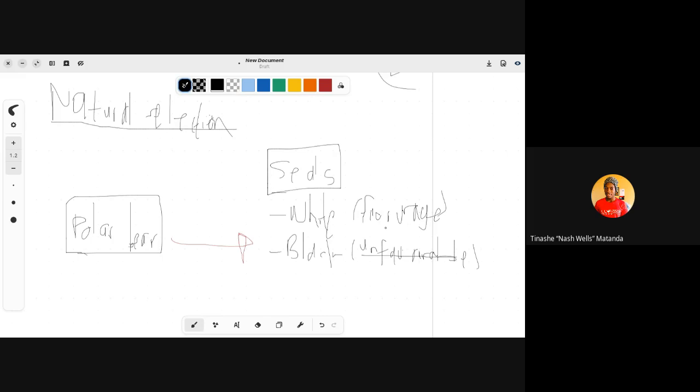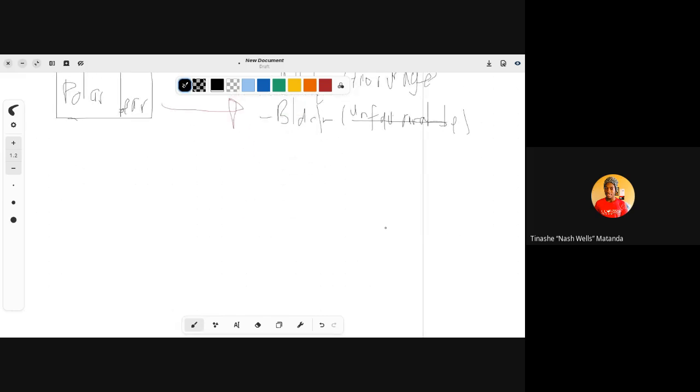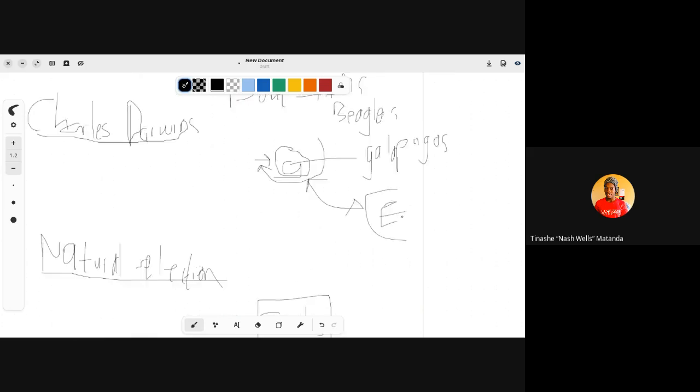So the idea was that if you had these turtles in Europe, they got displaced. Some of these turtles ended up coming out with penises, and some came out without. Some of them went to the Galapagos Island.